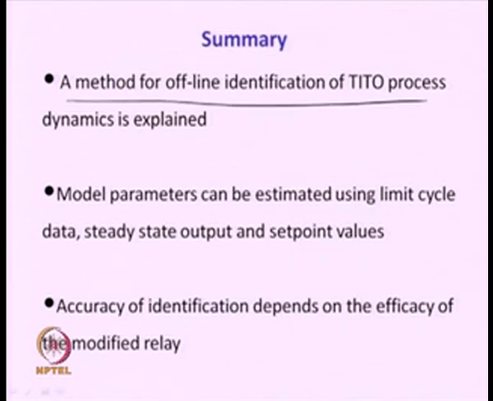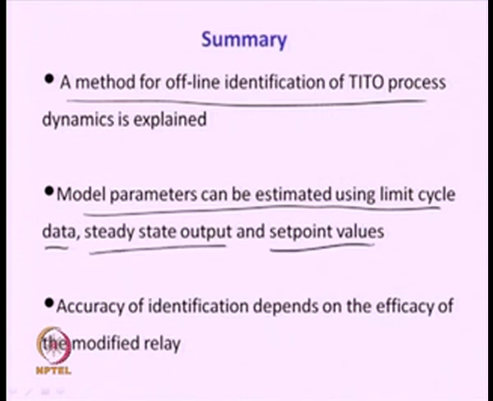Let me summarize the lecture. We have described a method for offline identification of TITO process dynamics. Model parameters can be estimated using limit cycle data, steady state outputs and the set point values, and further, the accuracy of identification depends on the efficacy of the modified relay.